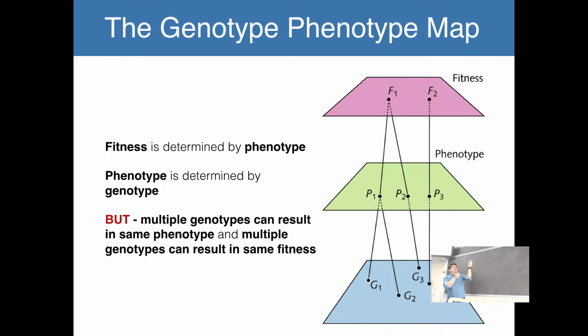So phenotype P1 and P2 result in fitness F1 in this schema here. So the world is not quite as simple as different genotypes having different fitnesses. There's this layer in between of the phenotype, which makes things slightly more complicated.